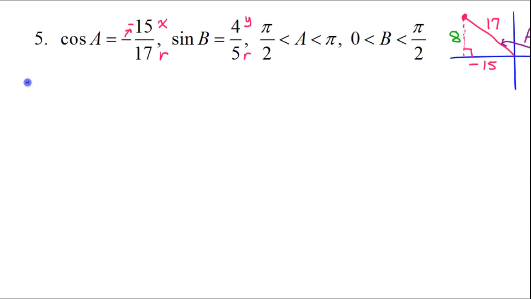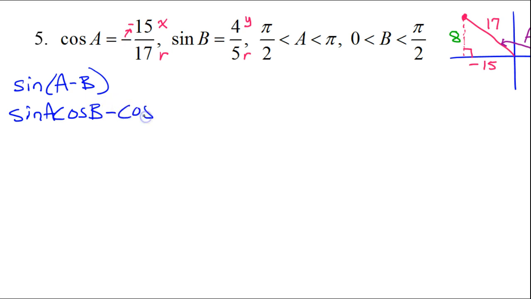Okay, so let's do that here. So I need to find the sine of A minus B. Now, according to the formula, this should be sine A cosine B minus cosine A sine B. Okay, so what is sine A?